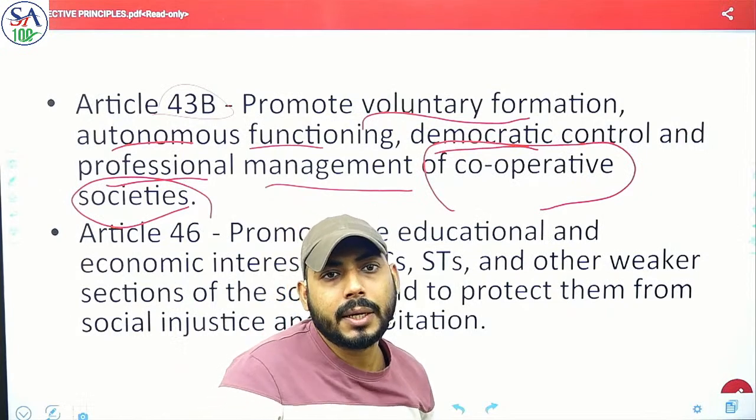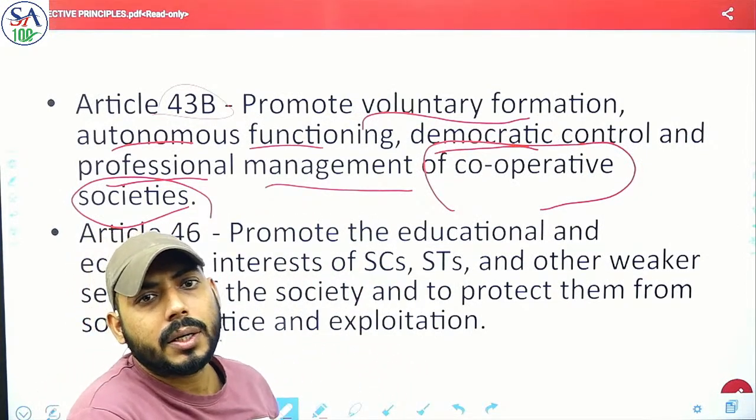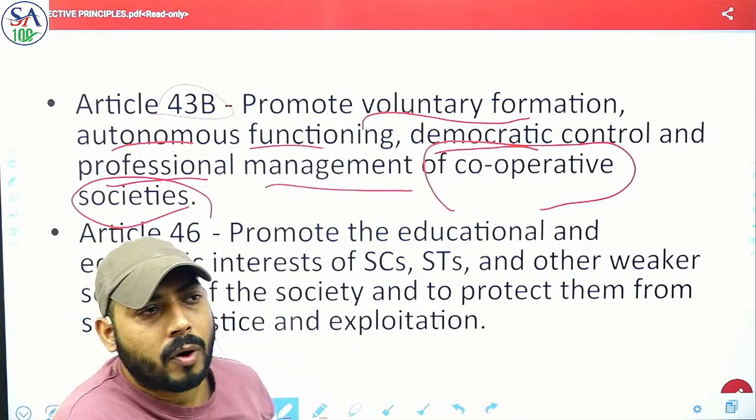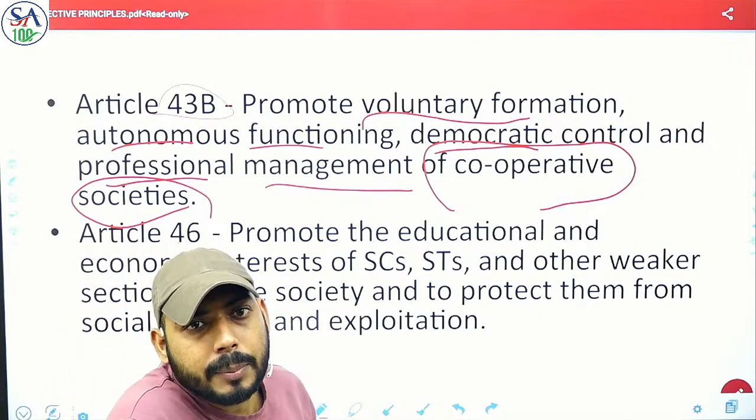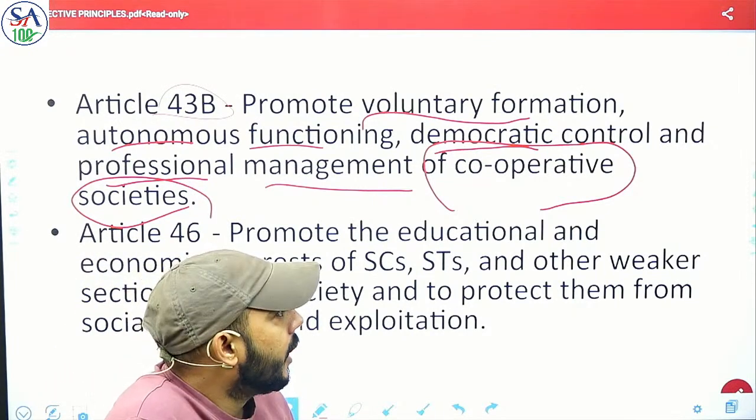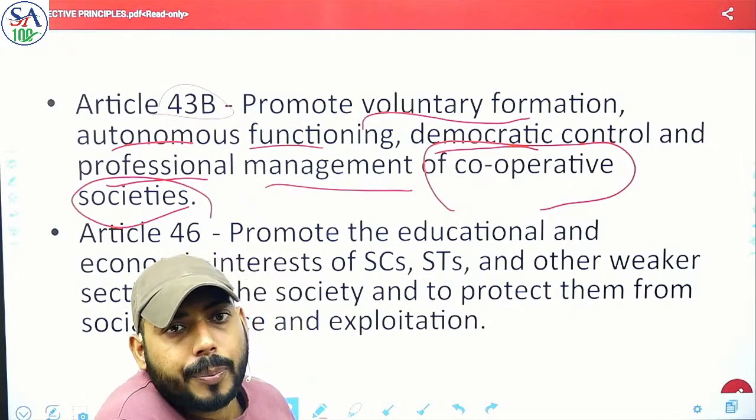You must be taking daily milk, butter and all other things of different companies. One of them is Amul. It is like a cooperative society.